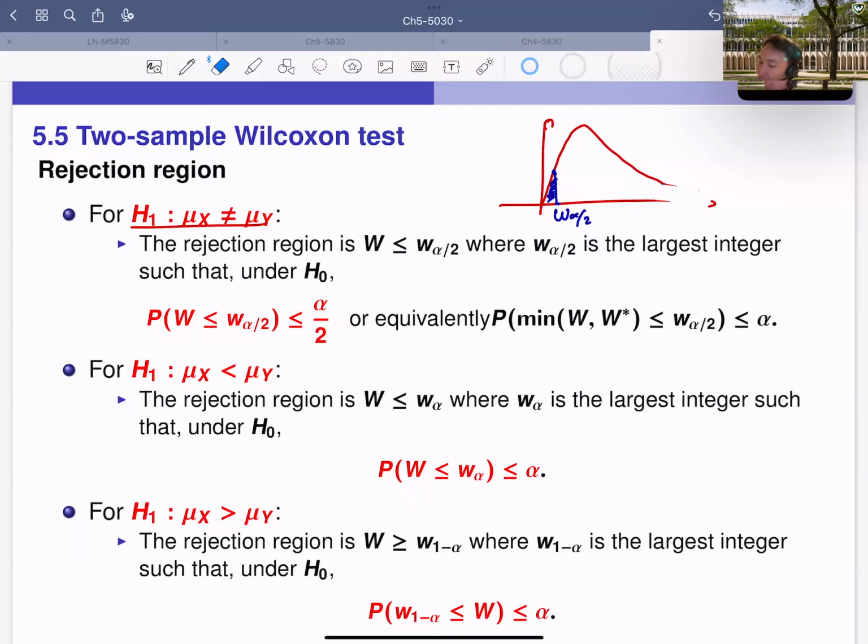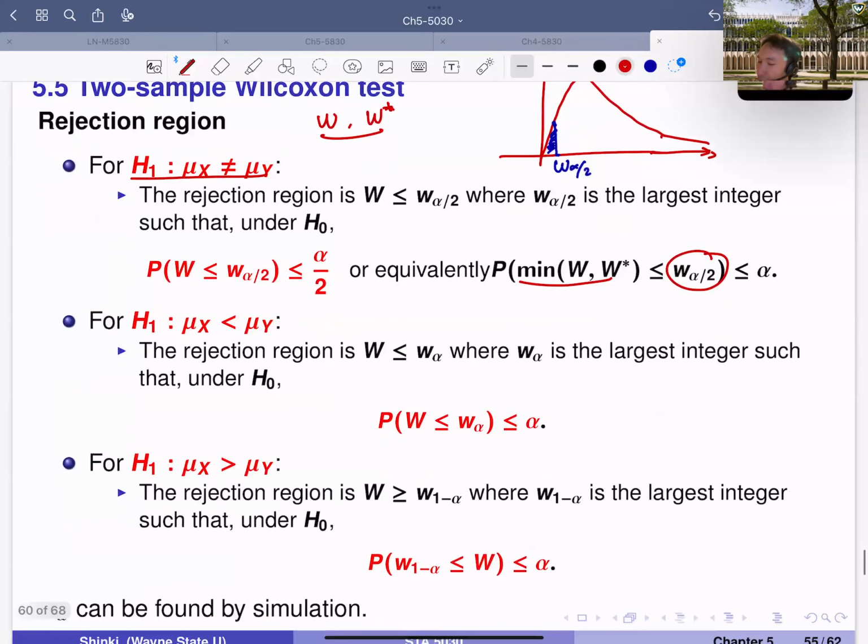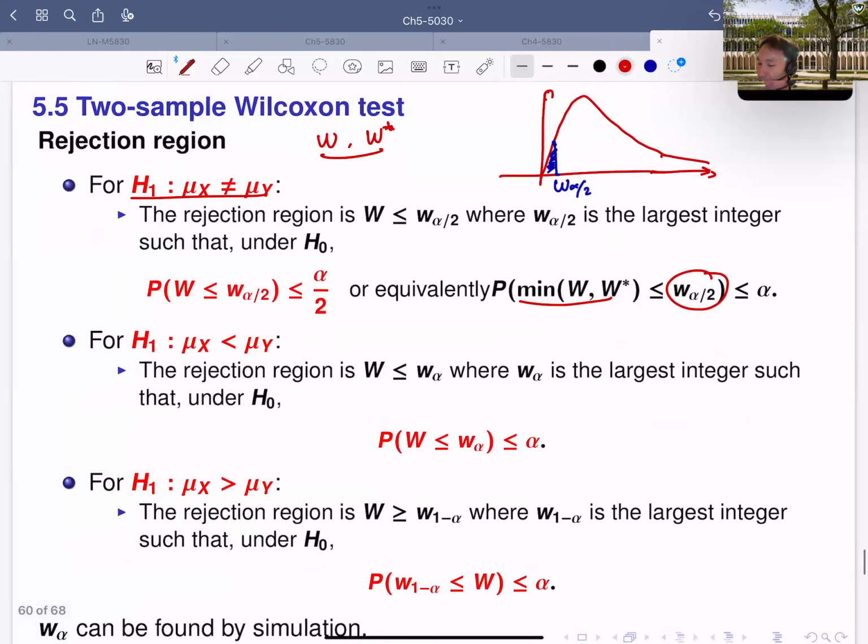We usually think about the smaller test statistic of these two. So we have calculated the W and W star values, and we take the smaller of W and W asterisk. Then if this is less than the threshold, W sub alpha over 2, we reject the null hypothesis. And for a one-sided test, we can also construct the rejection region in a similar way.